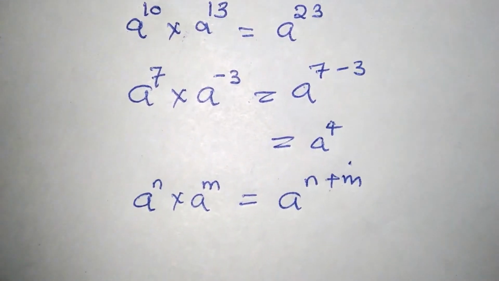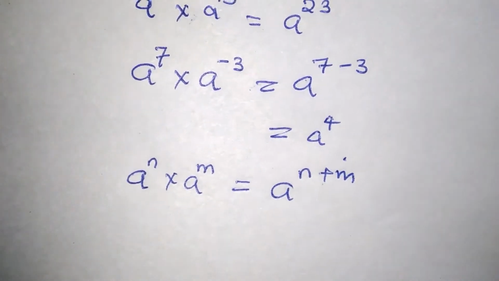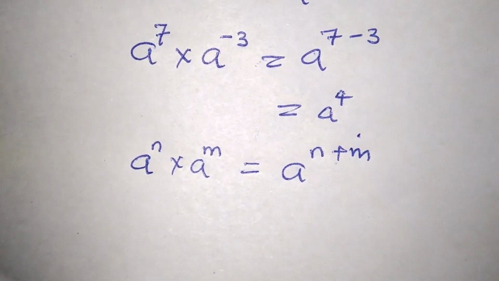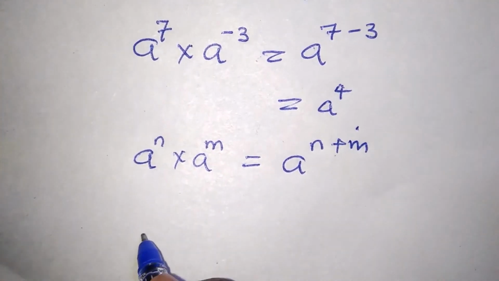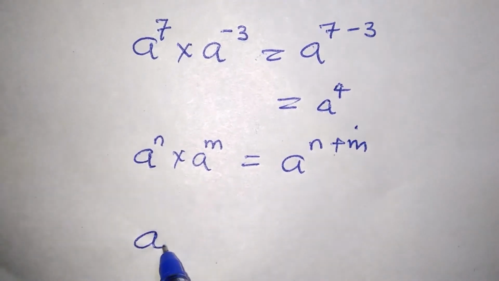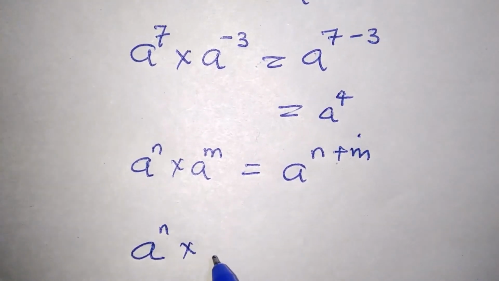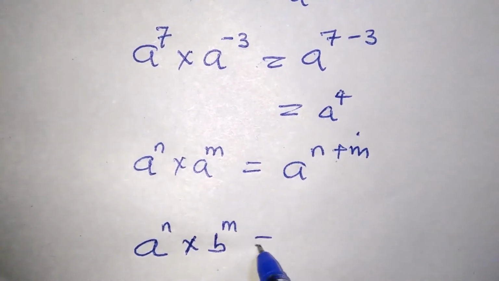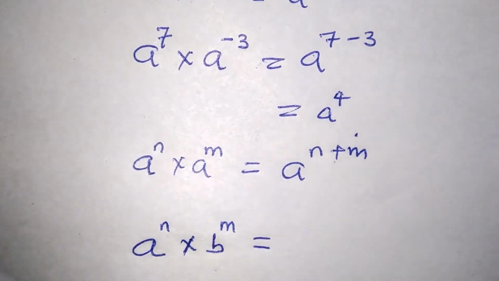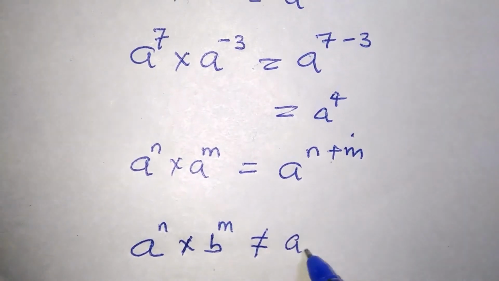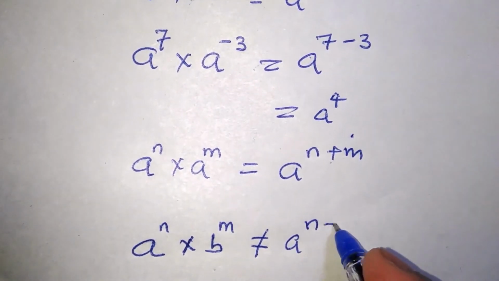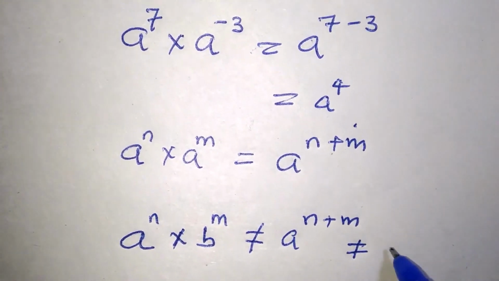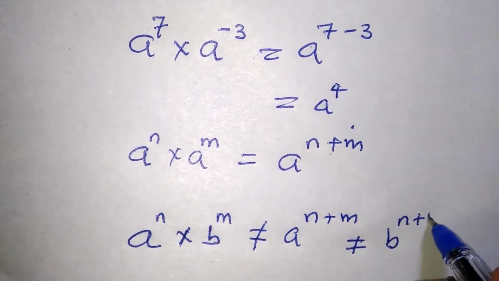It is important to state it clearly here that you can only multiply two indices if they have the same base. Therefore, a raised to n cannot be multiplied by b raised to m to get any result, because it is not equal to a raised to n plus m, nor is it equal to b raised to n plus m.